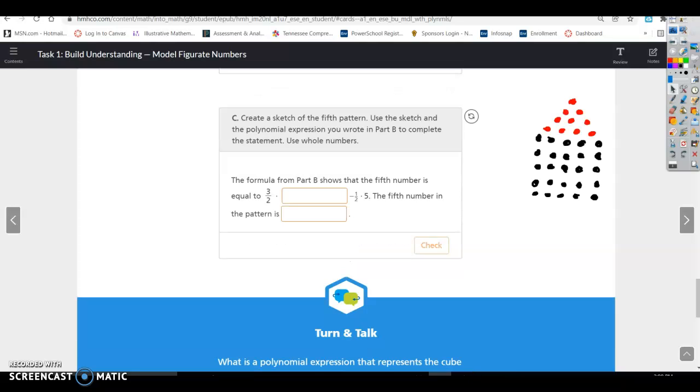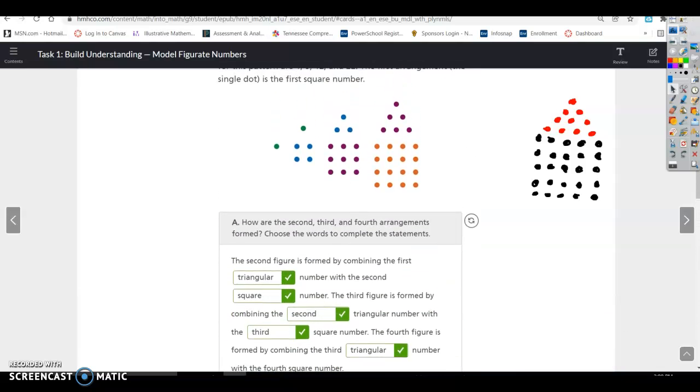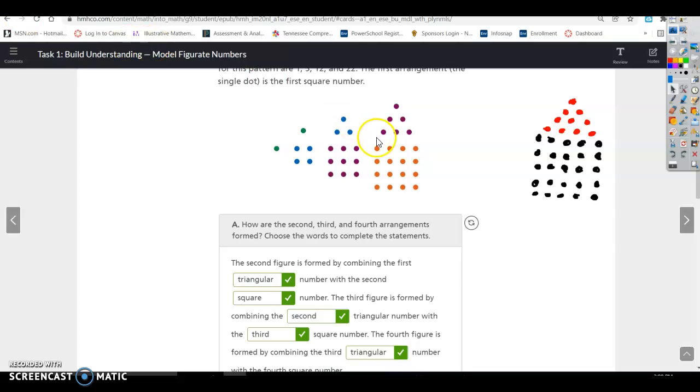All right, hopefully you took time to create your sketch here. If you go back up, all you had to do was look at the fourth term and create the fifth term. So where this was 4 by 4, we made our square 5 by 5, and where this started with 3, we're going to start here with 4.